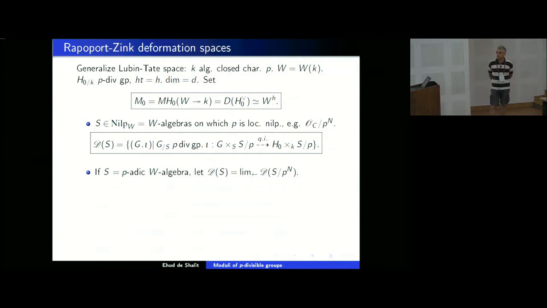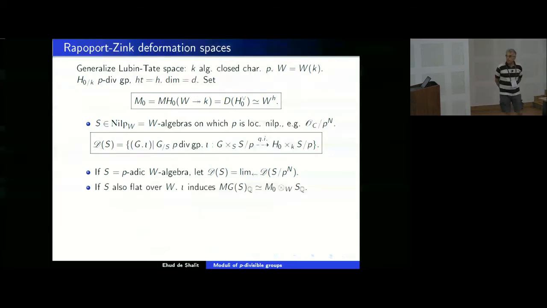So S over p, of course, is a k-algebra. But you have to rigidify it by including in the data the quasi-isogeny iota. So in the case where p is not nilpotent, but only topologically nilpotent, if S is a p-adic W-algebra, we let D of S be the inverse limit of D of S over p^n with respect to the obvious maps.